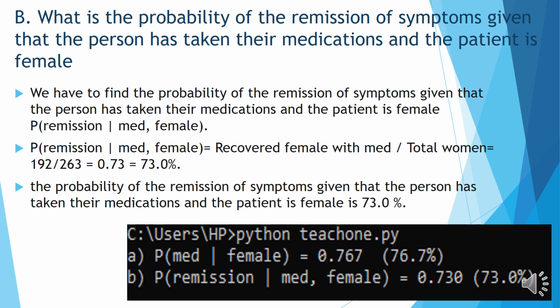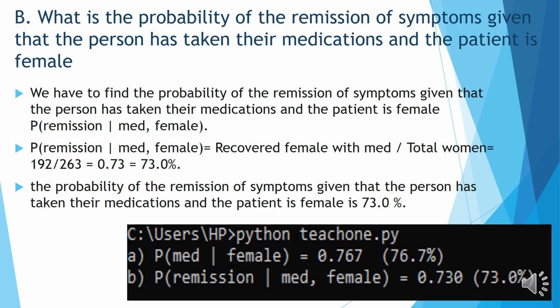Moving on to the next question, that is part B. What is the probability of remission of symptoms given that the person has taken their medication and the patient is a female? So here we need to find the probability of female patients having remission of symptoms given that they took the medication.